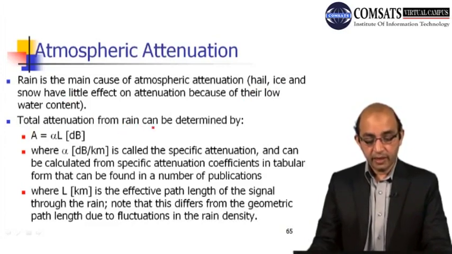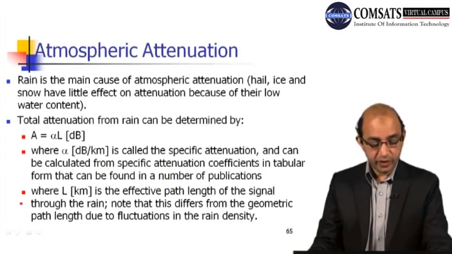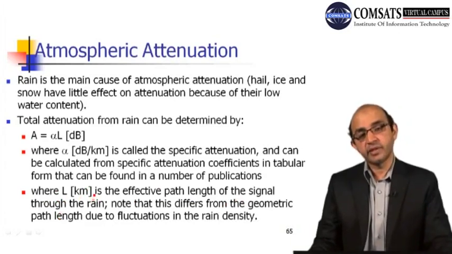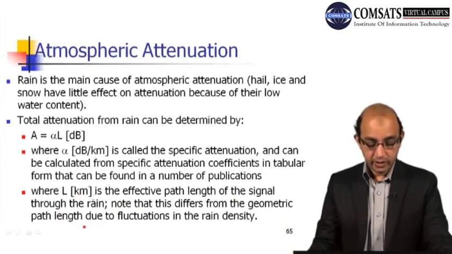Attenuation from rain can be determined by A = αL dB, where α is called the specific attenuation and can be calculated from specific attenuation coefficients in tabular form found in a number of publications, right? And L here is the effective path length of the signal through the rain, so the effective distance that the signal has to traverse through the rain.